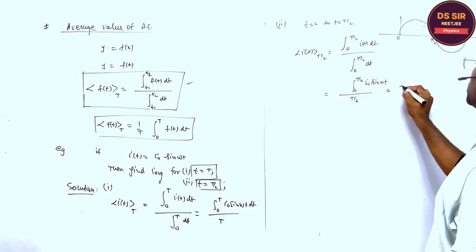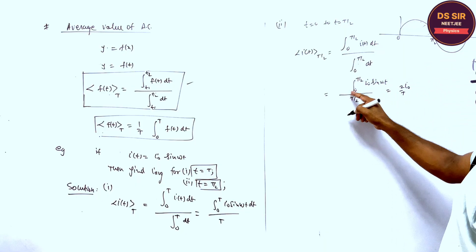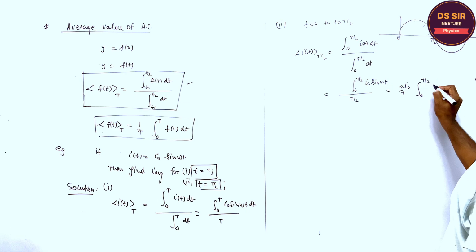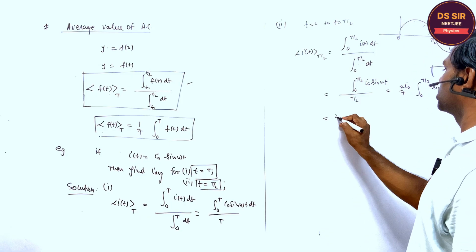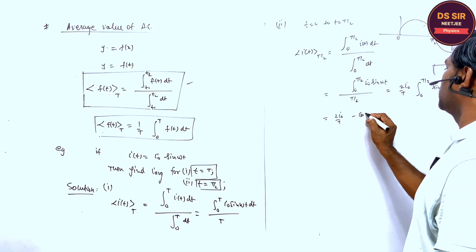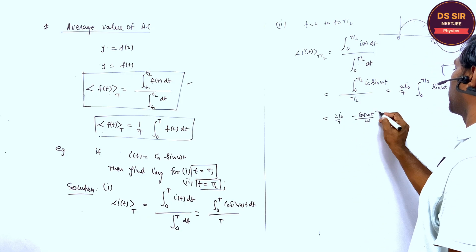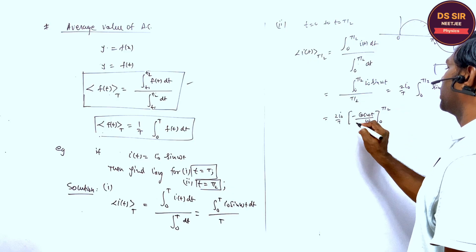The I0 will come out from the integration. Is it clear? Now again we will integrate this. This is 2 I0 by T, minus cos omega t upon omega, from 0 to T by 2.